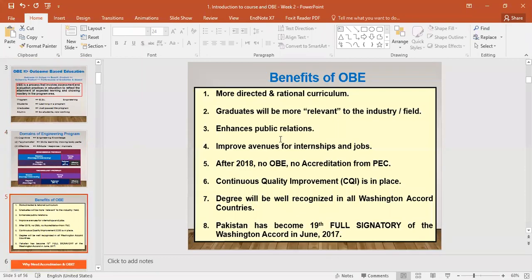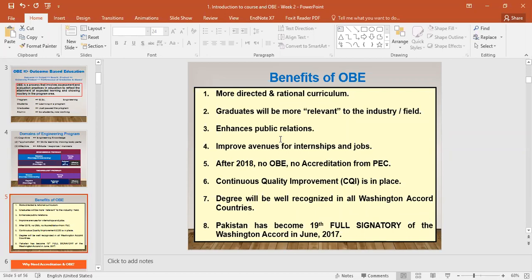Very good. Next, there are some benefits of OBE. Before OBE, there was no check and balance in the education system, but after the adoption of OBE, there is a check and balance approach in the education system that gives us a more directed and rational curriculum.